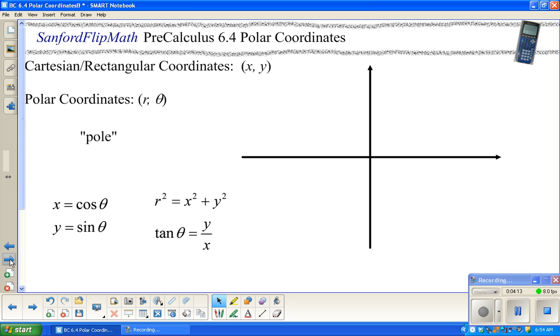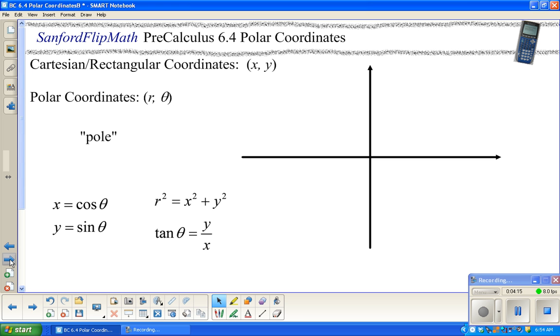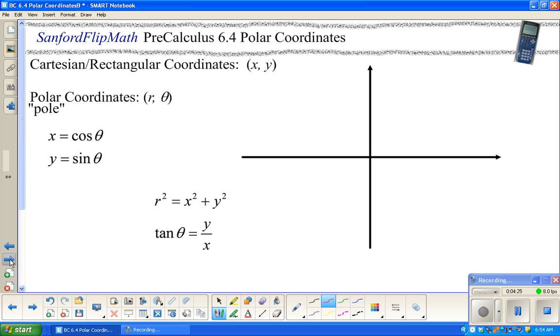Because we have two different systems, we can move between them. The Cartesian or rectangular coordinates are (x, y), and polar coordinates are (r, theta). Just like back when we were doing all that trig, let's draw a diagram of what's going on. If I put a point here, this distance would be x, this distance would be y, and this distance this way would be r.